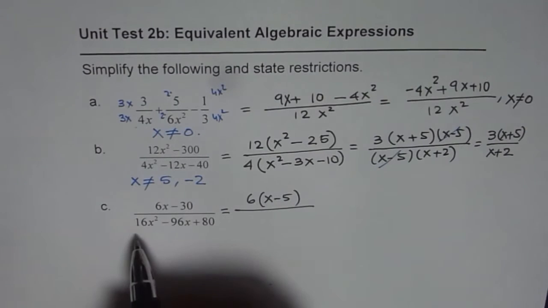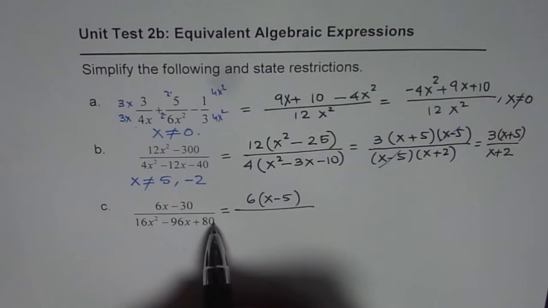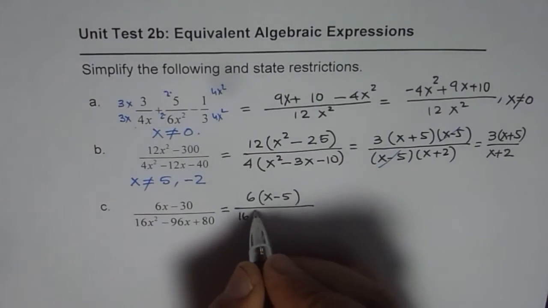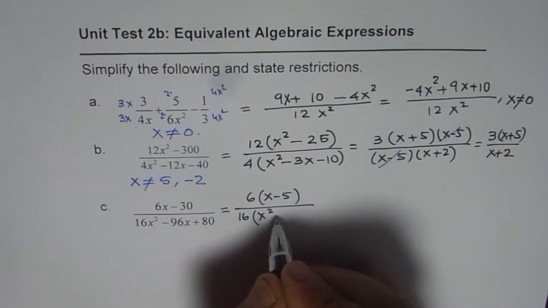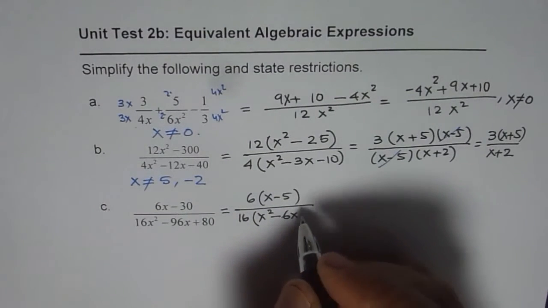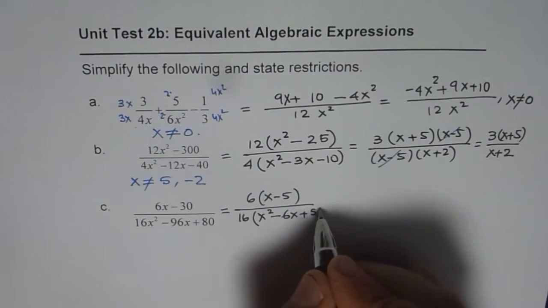Denominator, can we take 16 common? Let us see. 16, 5 times will go into that, and plus 16 is 96. So you can take 16 common. So 16 is common. You're left with x squared minus 6x plus 5, correct?